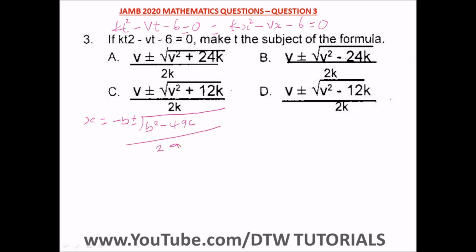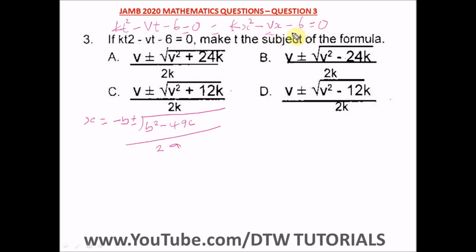So here we know that our b is minus v. Remember, when we are dealing with variables, we take the signs along with the variables. So this is our a, the sign here is positive. This is our b, the sign here is negative.